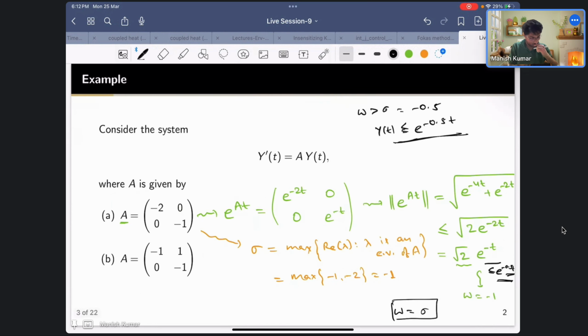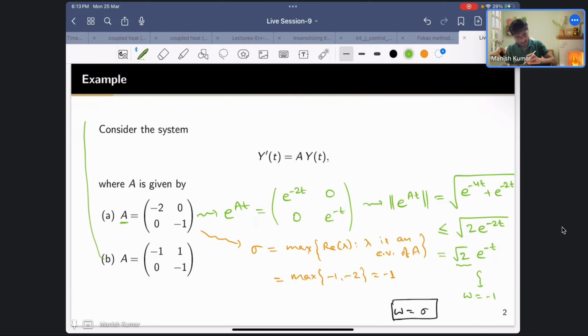Over here we have seen that omega is equal to sigma, but in the next example, you cannot get omega equal to sigma, and I will just explain that. So suppose over here, sigma, if you calculate, is again minus 1, because the eigenvalues of A are minus 1, minus 1.